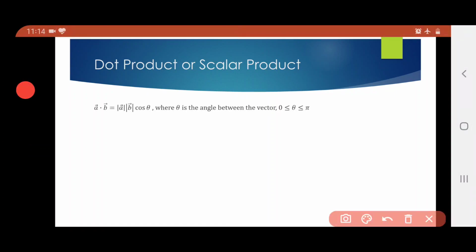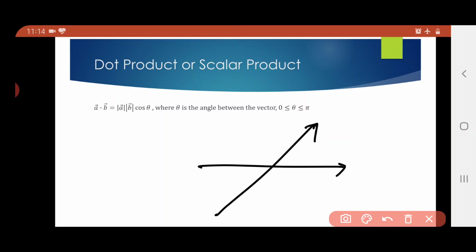For example, if I have two vectors, say this is one vector and this is another vector, they intersect. So I can consider this angle as theta, or I can consider this angle as theta. I can consider any of these angles as theta, but I am not going to consider this whole angle as theta. Just that we have to understand.